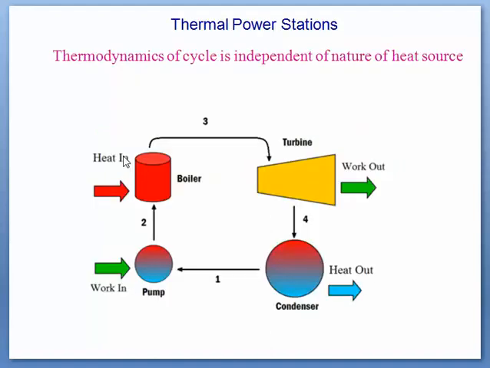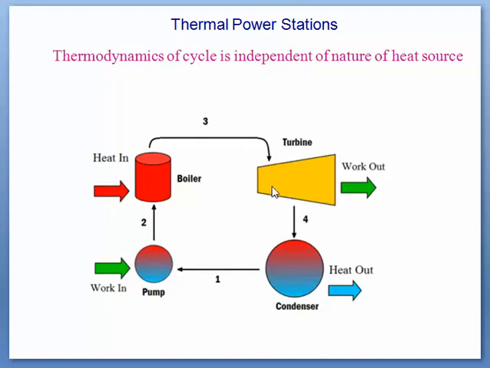This slide shows the arrangement of main components of a thermal power plant. So you can see here there is a boiler where heat is added by the combustion of coal, and the water gets converted into steam. This developed steam then passes through the turbine.